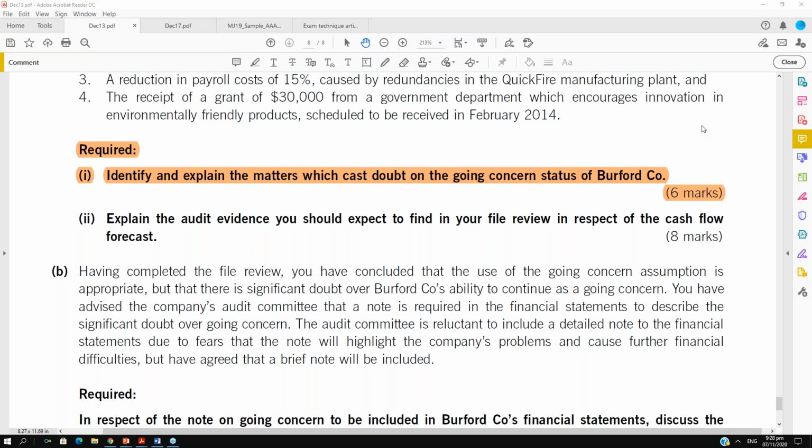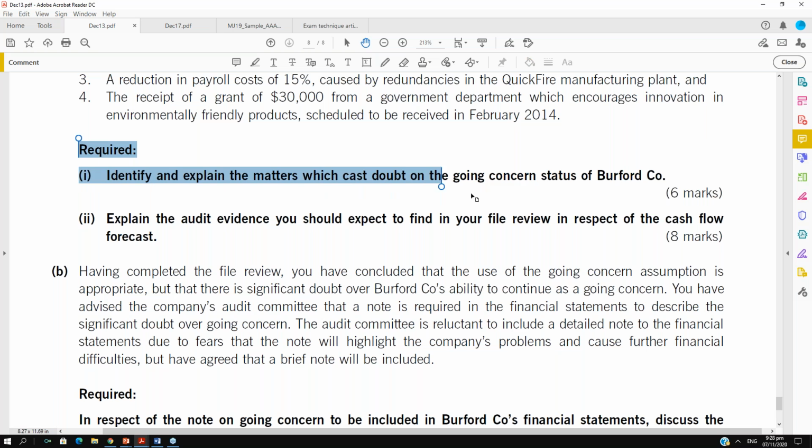In the first requirement, question 5A1, the examiner is asking: identify and explain the matters which cast doubt on the going concern status of the Burford company. How many marks do we have? 6.